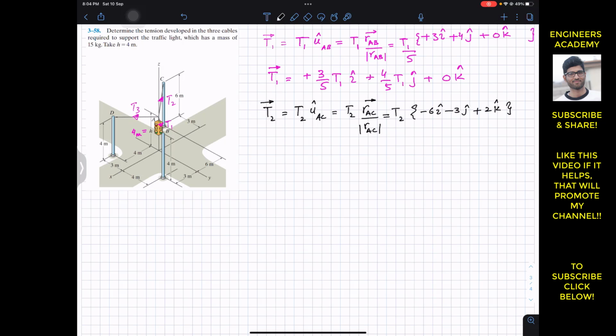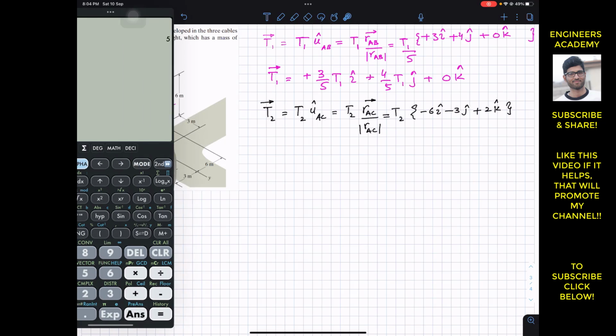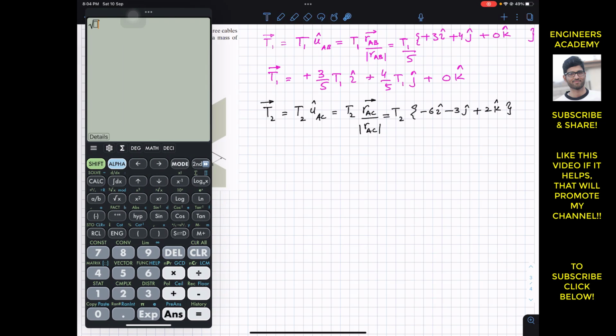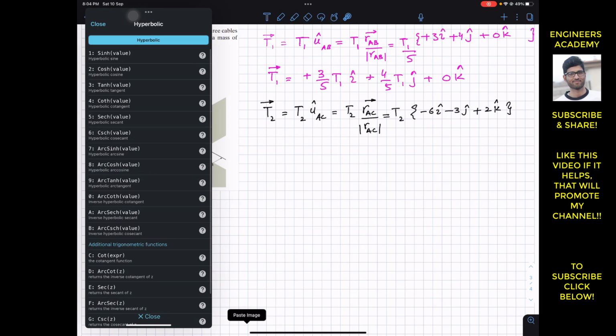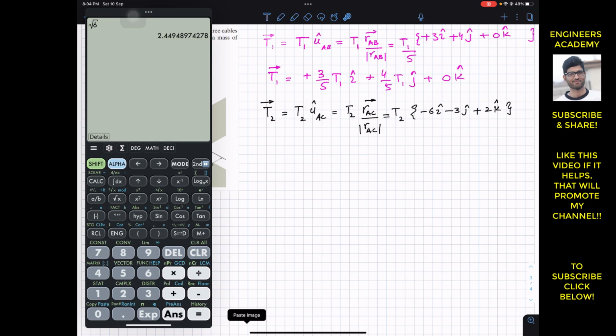So now let's find the magnitude of this position vector. So the magnitude will be the square root of the sum of the squares of the components. So this is 6 square plus 3 square plus 2 square. So this gives me 7. So we can write that this is T2 divided by 7.